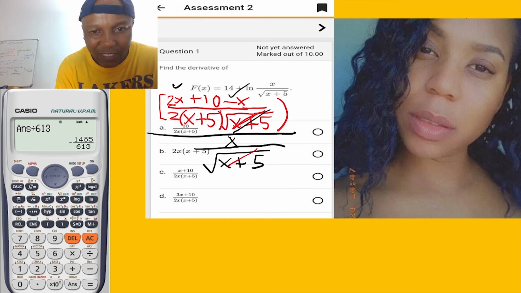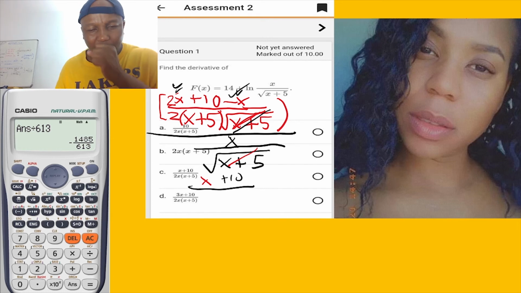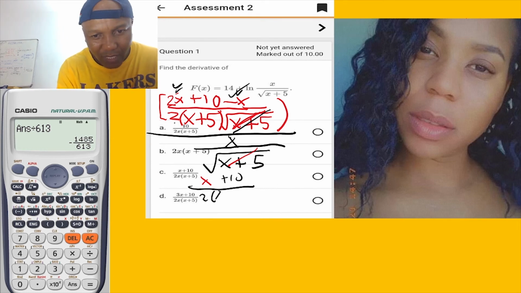On top we have 2x minus x equal to x, and then we're left with plus 10 over 2x plus 5, x plus 5. That's what we have left on top in this one. It means all this group, and then we put it over the one at the bottom.